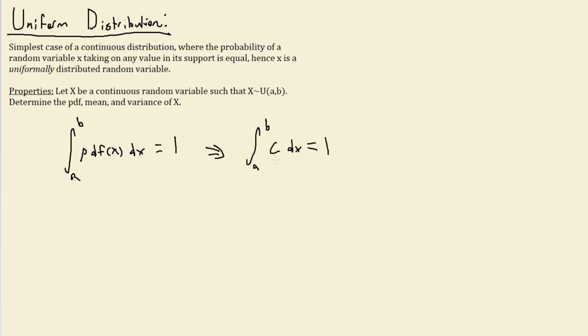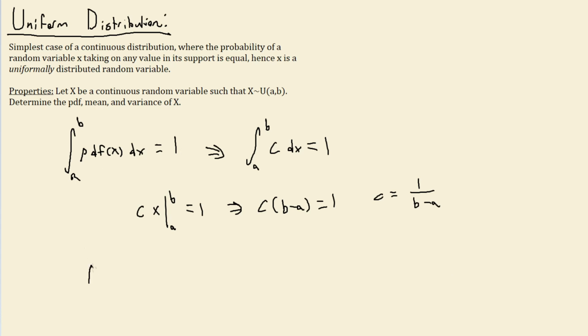Now this becomes a very easy thing to evaluate. This is just going to be c times x evaluated from a to b is equal to 1. And that's just saying c times (b minus a) is equal to 1. Here we can solve pretty easily for c, and we just get that c is 1 over b minus a. But c is just our probability density function.